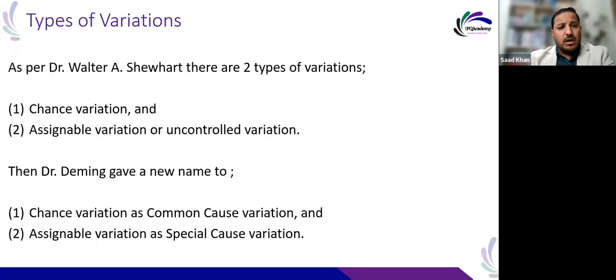Dr. Walter Shewhart defined these variations initially and named them chance variation, or assignable or uncontrolled variations. Later, Dr. Deming gave them other names: chance variation became common cause variation, and assignable or uncontrolled variation became special cause variation. Now we'll understand this.